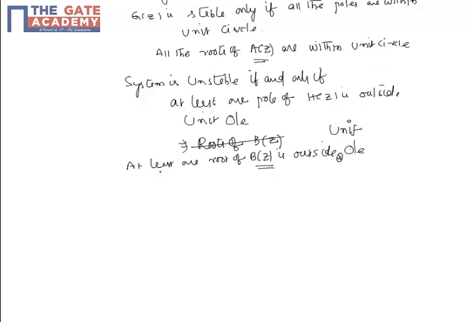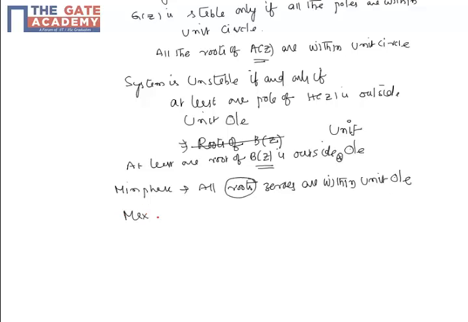Okay. Now what is meant by minimum phase and maximum phase? Minimum phase means all the zeros are within the unit circle. If all the zeros of that particular system are within the unit circle, then I can say that the system is minimum phase.